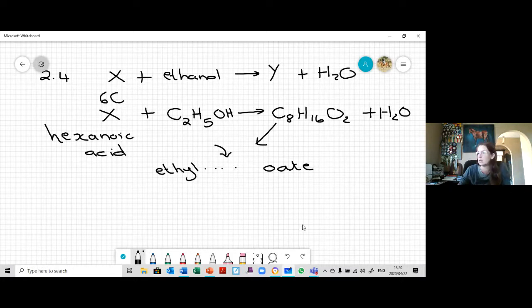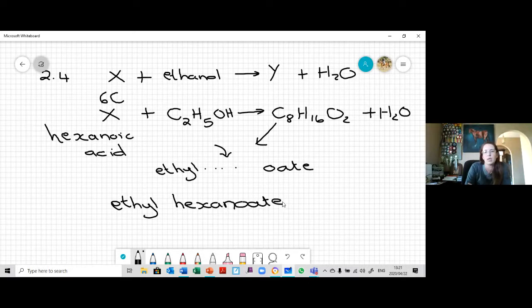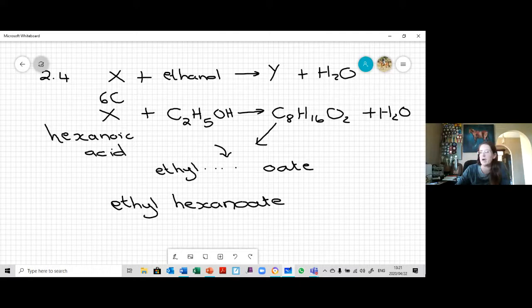That's better. Okay. So ultimately, this here will be ethyl hexanoate. Okay, they ask for the IUPAC name of the compound that is formed.